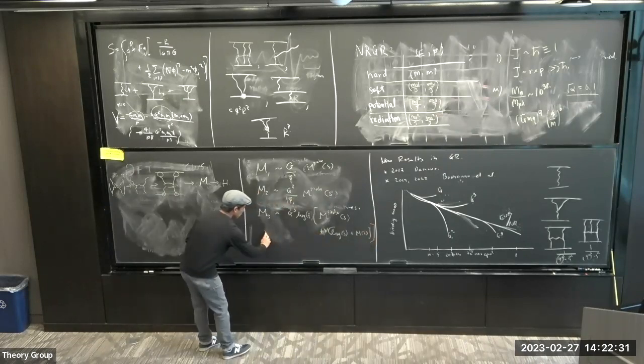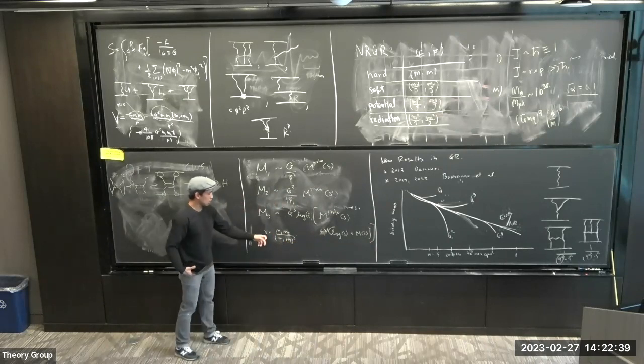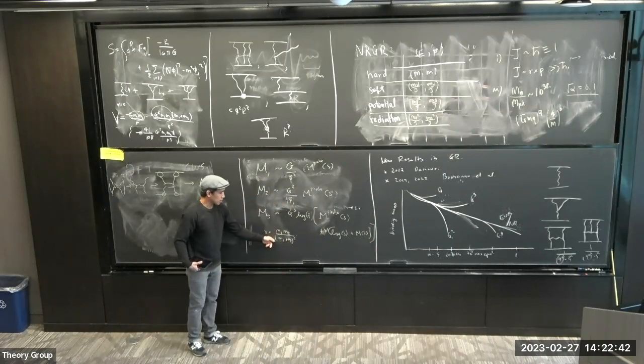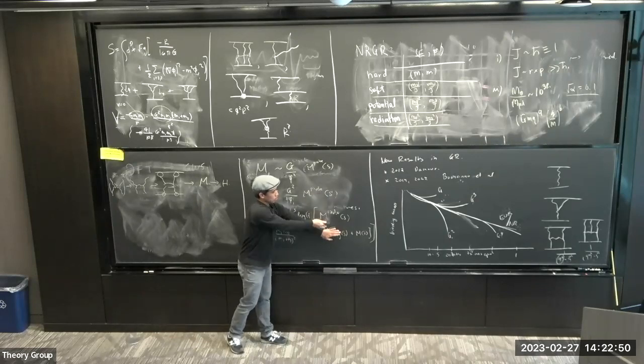This parameter nu is m1 times m2 over m1 plus m2 squared, so it's the reduced mass divided by the total mass. And so in the Schwarzschild limit, or when m1 is much smaller than m2, you just get these probe amplitudes. Okay.